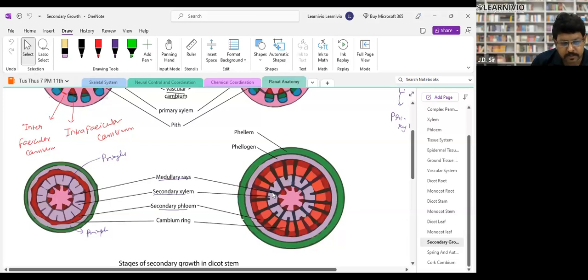Beside the medullary rays there is secondary xylem, and then secondary phloem. So between the xylem and phloem there are strips of parenchymatous tissue called medullary rays. Clear? Yes, sir. Okay.